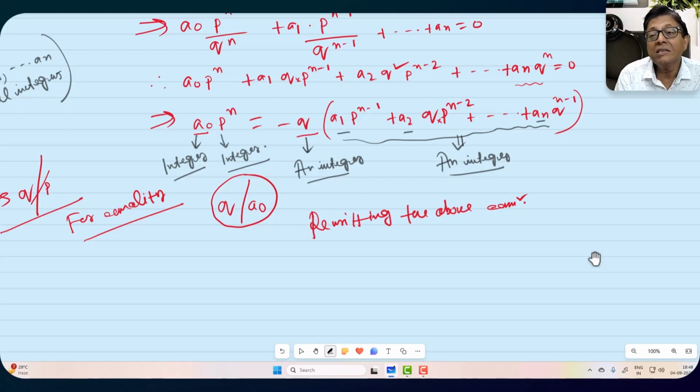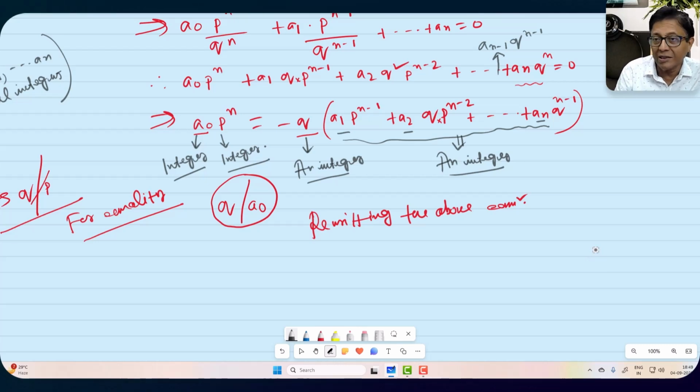Then keep an q to the power n on one side, and let me write the term just before it. For your better understanding, it is an minus 1 q to the power n minus 1, isn't it?